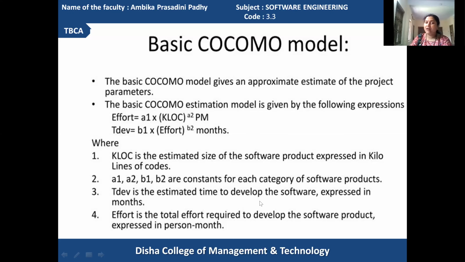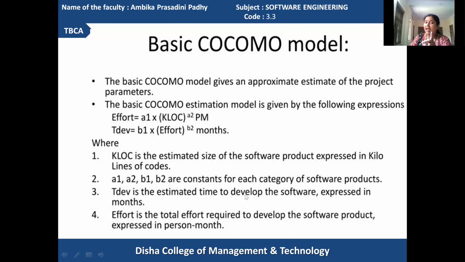TDV is the time required for development, and the expression used for it is B1 times effort to the power B2 months. Effort is calculated first, and based upon the effort, time will be calculated. Got it?